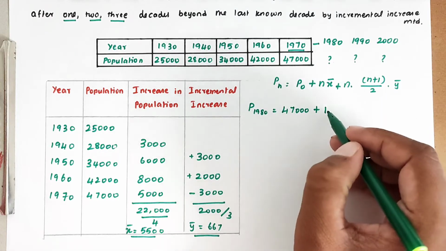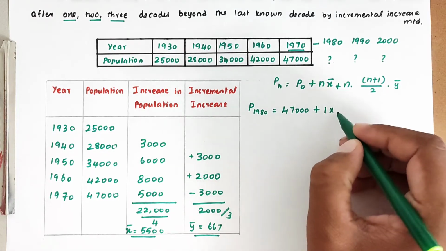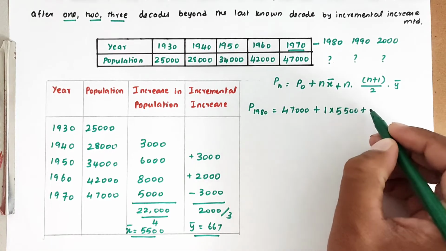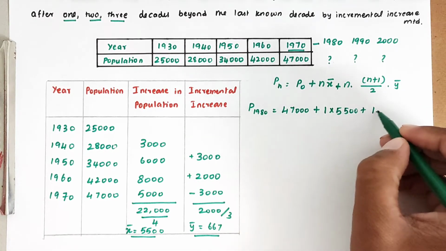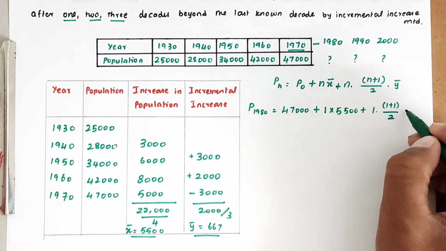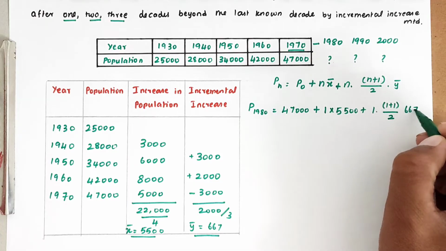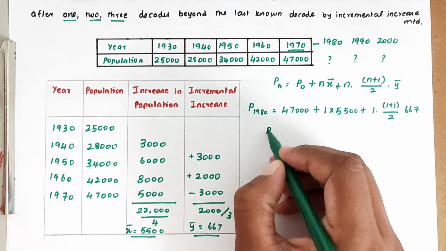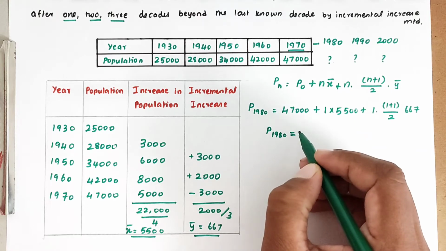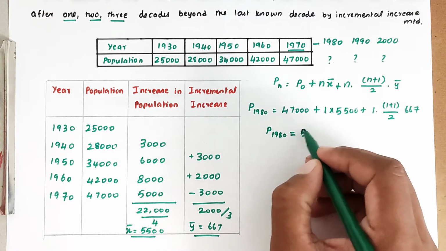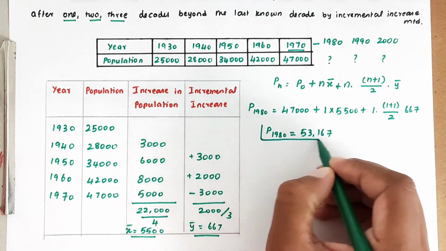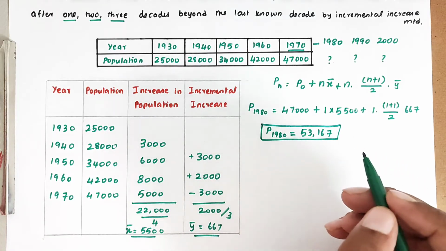So 1 into 5,500, plus 1 into (1 plus 1) divided by 2 into the y bar value 667. Solving this, we get the population of 1980 equal to 53,167.